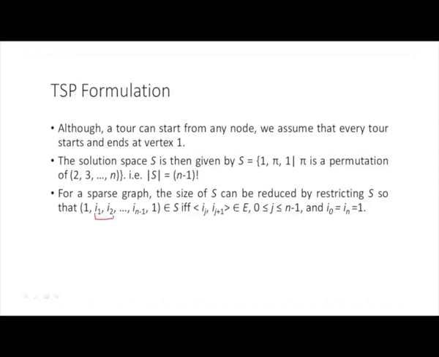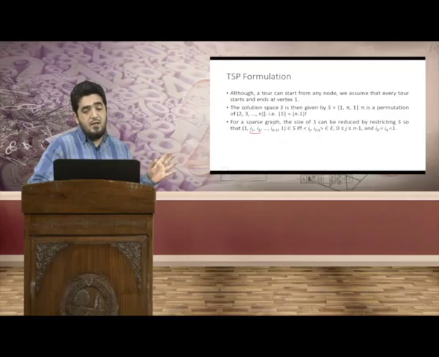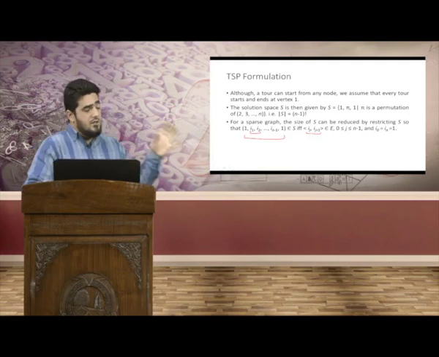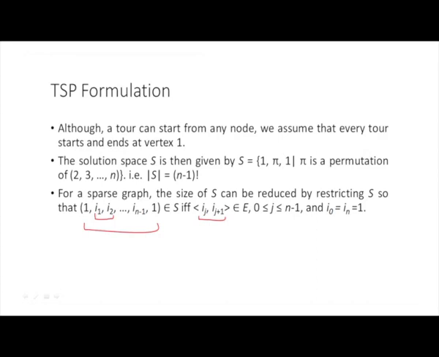So what this basically means is that these intermediate pairs of vertices will exist in our solution. So for example, i of 1 and i of 2, similarly i of 2 and i of 3, similarly i of 3 and i of 4 and so on. In general, we'll say i of j comma i of j plus 1. So these are the two vertices which appear consecutively in our solution. This pair of intermediate vertices will only exist in our solution if and only if there is an edge between i of j and i of j plus 1 in the graph.